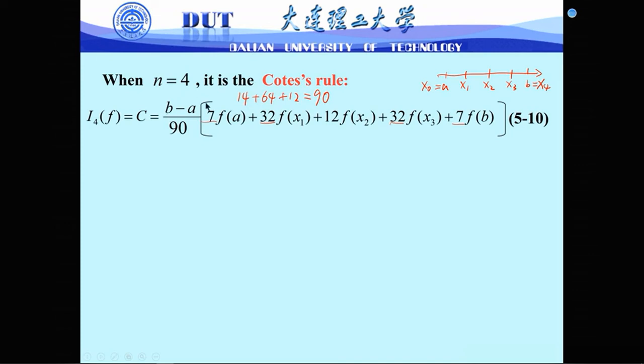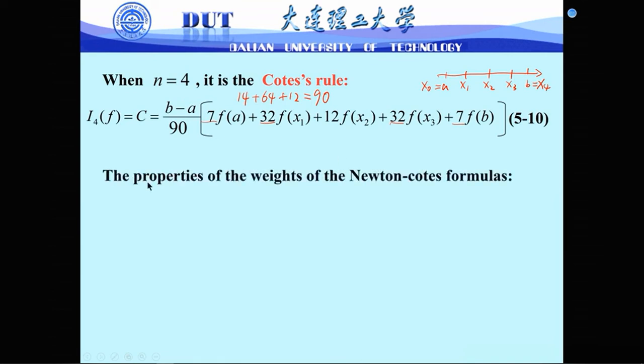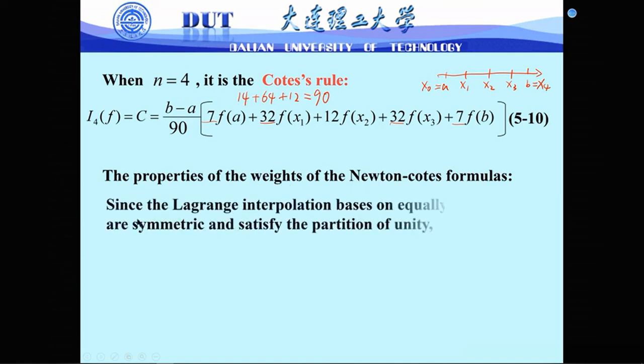And don't forget we need to multiply the length b minus a. This is the Cotes rule. Okay? And now actually we know some properties of the weights of the Newton-Cotes formula, since the Lagrange interpolation basis on equally spaced nodes are symmetric and satisfy the partition of unity.